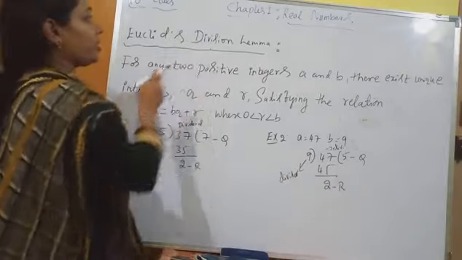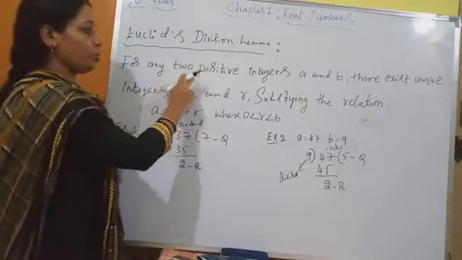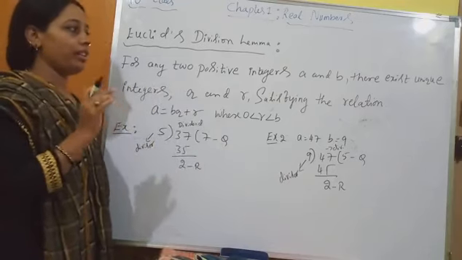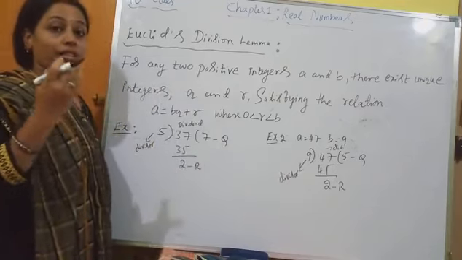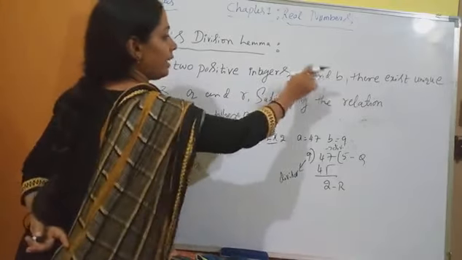What is Euclid's division lemma? For any two positive integers, we can't take so many integers, just we have to take the integers a and b.